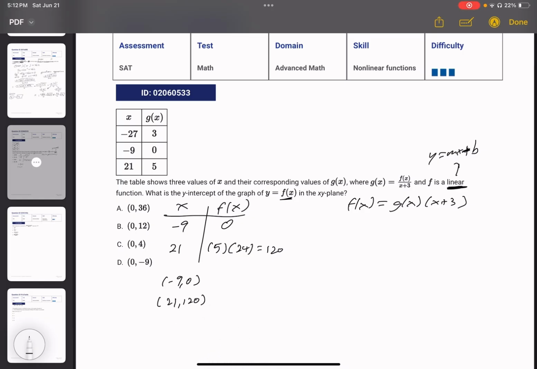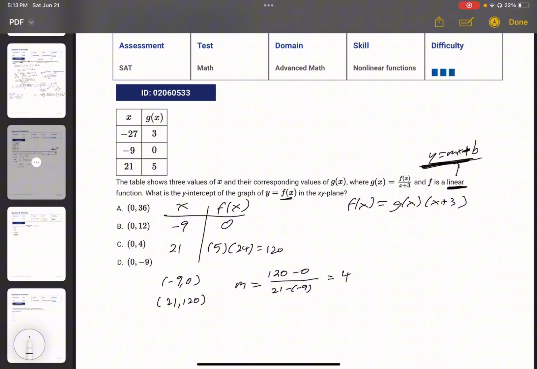And with this, we can find the slope of the line, y equals mx plus b, for the f of x function, because these points are from f of x, remember that. So we have 120 minus 0 over 21 minus -9, and that's going to give us a value of 4.